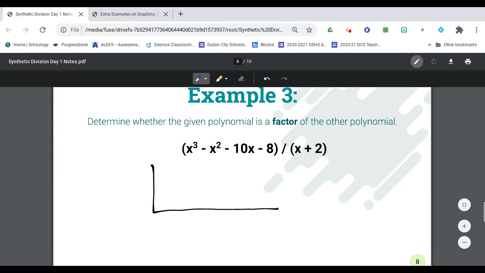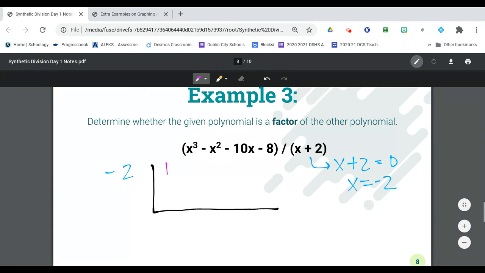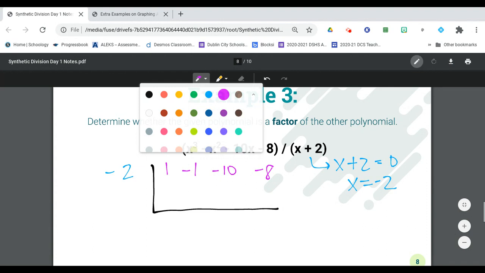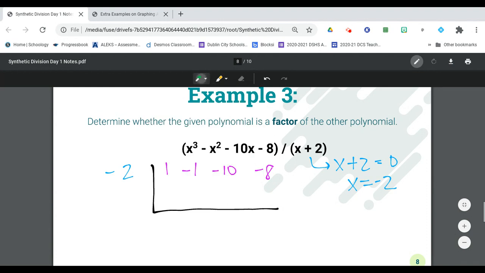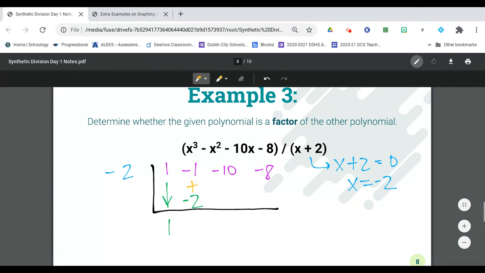Okay, so let's look at this example. Once again, I'm going to set x plus 2 equal to 0, and I'm going to divide out negative 2. So I'll use my coefficients here. I have a 1 for the x cubed, a negative 1 for the x squared, negative 10 for x, and negative 8. Okay, so then I will bring down the 1, multiply, that gives me negative 2. Negative 1 plus negative 2 gives me negative 3.